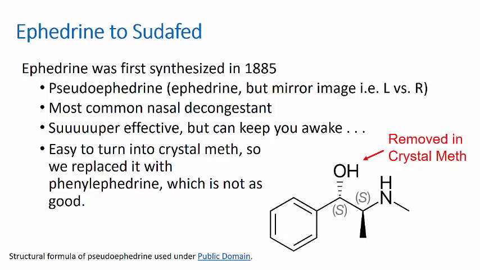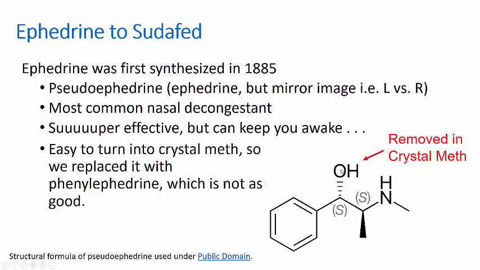So if you look on the diagram, this is pseudoephedrine. Okay, if you remove the OH group right here, it becomes what is basically referred to as methamphetamines, or what we call crystal meth. So when you're talking about a person who's a meth addict, that's the component you're looking at. It's just this molecule, but with an OH group, that oxygen removed.